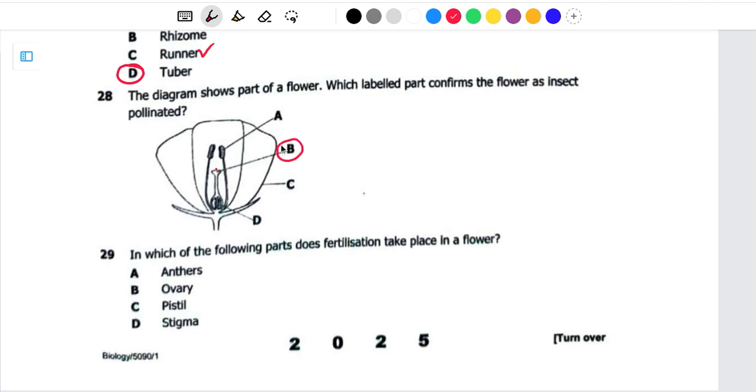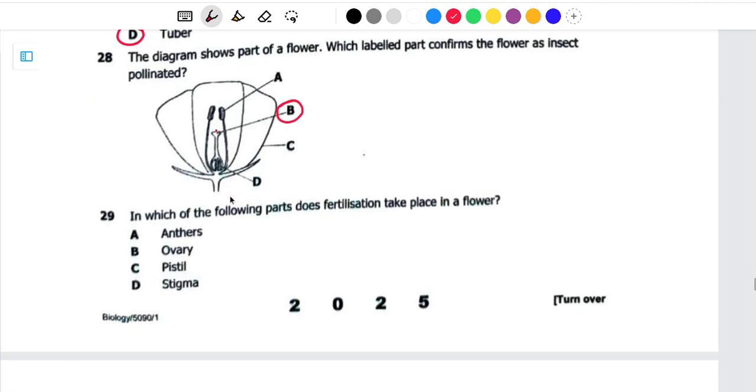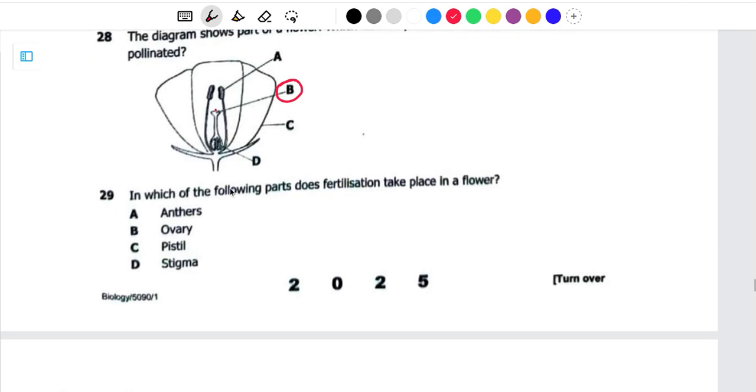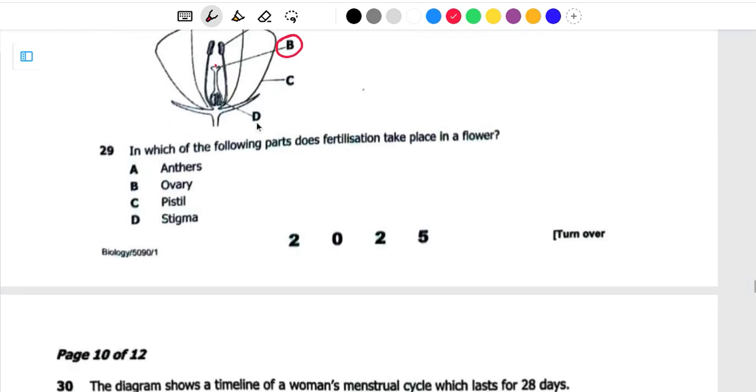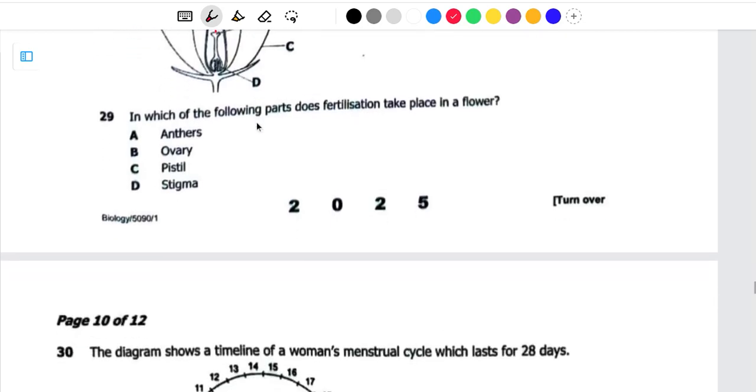So the answer is going to be B. Sometimes you can think of C, but C is a form of attraction. This flower here is just attracting the insects. But the purpose of the insect going there is to get the nectar at B, which is the stigma.